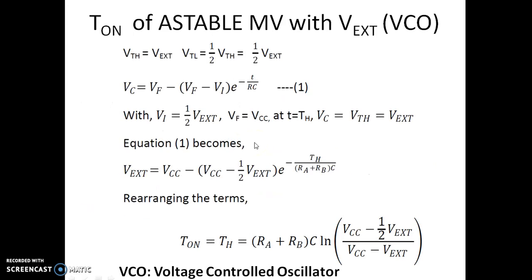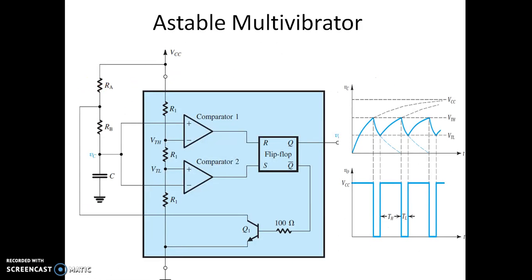If we look at the graph here, this is TL. When finding TL, the initial voltage is VTH, and the final voltage happens to be 0. At T equal to TL, the voltage of the capacitor is VTL. In this case, VTH is V external and VTL is half of V external.